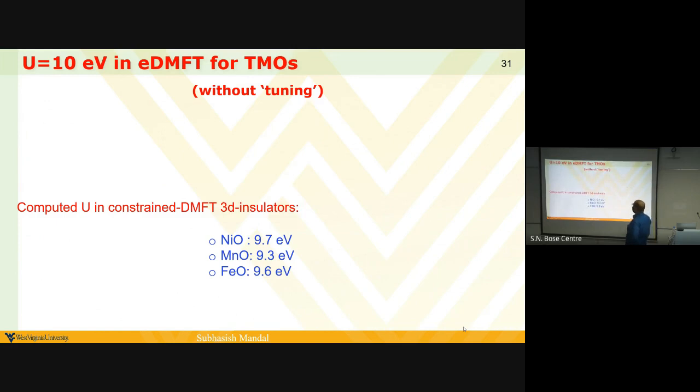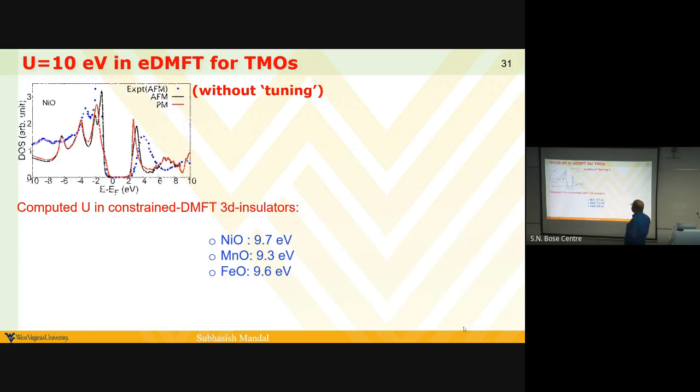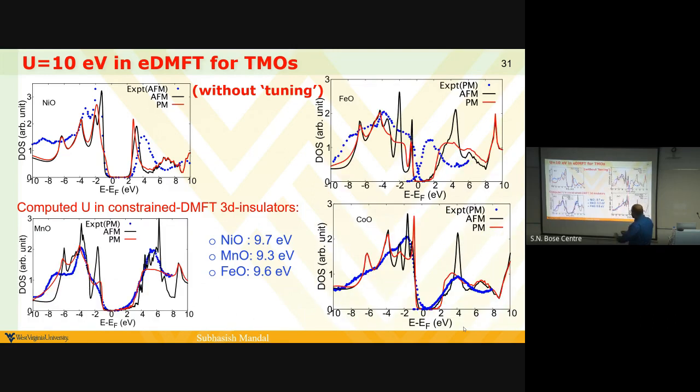And the good point is, in the transition metal oxide, you can take U equal to 10 eV, which is very close to what we got in all these three oxides, 9.7, 9.3, and then you do a paramagnetic or antiferromagnetic calculation on nickel oxide and it is matching really well. And you just use the same 10 eV, and it's going to work. It's working very well. So that means the sensitivity is really less here, which is good news, because I can get U equal to 10 for the insulator, and I can handle the issue of Q.